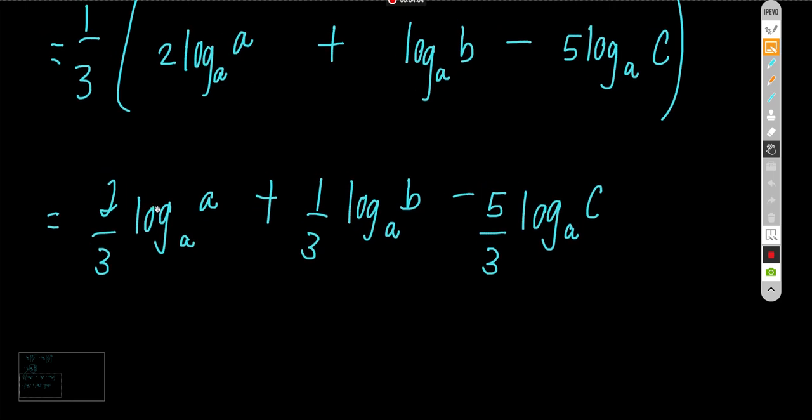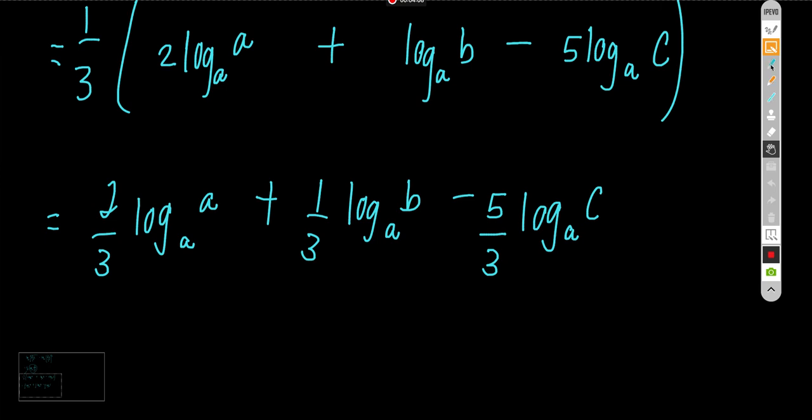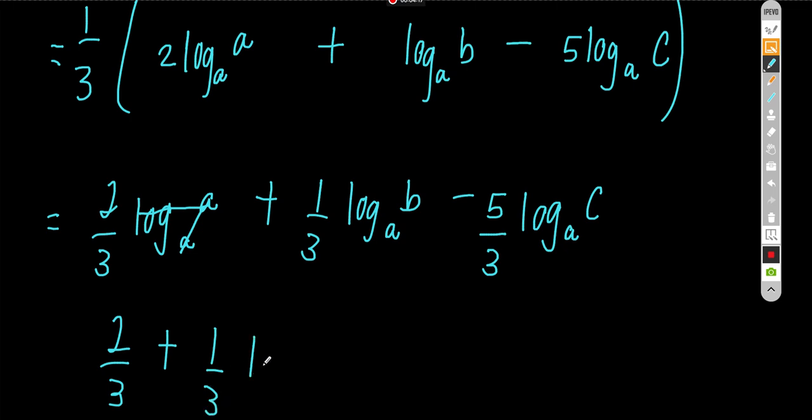So this log a base a right there cancels because it's the logarithm of a and it has the same base. So you could just write as 2/3 plus 1/3 logarithms of b base a minus 5/3 logarithms of c base a.